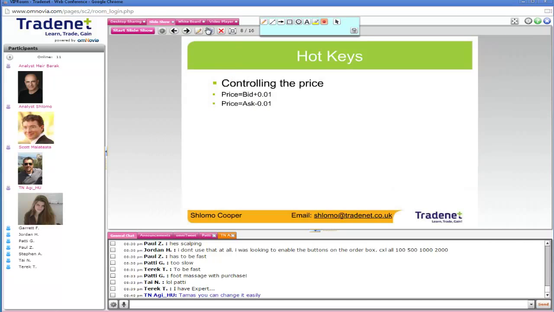Let's see what else we have here. Controlling the route. What kind of route do you want to define? If you are using a stock platform, you can send any order through a specific ECN like Nasdaq or ARCA, and here the last character defines what kind of order it is going to be.